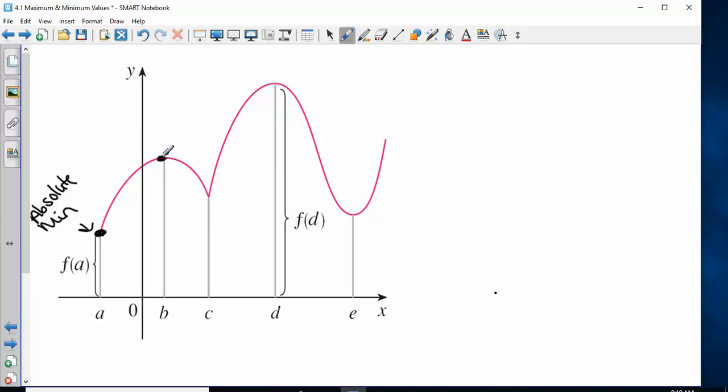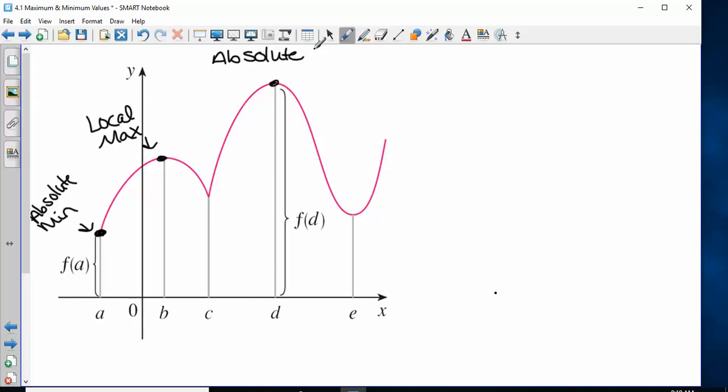This point right here is not the highest on my entire graph. But can we agree it's higher than the points on either side of it? Yeah. So this is a local max. And this point right here is the actual highest on my graph, so it's an absolute max.